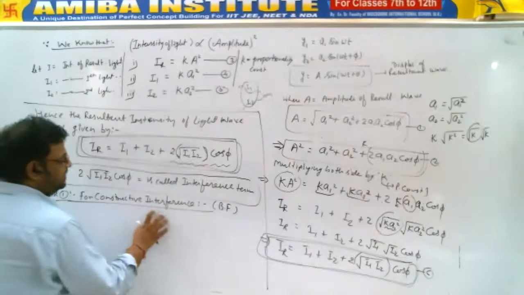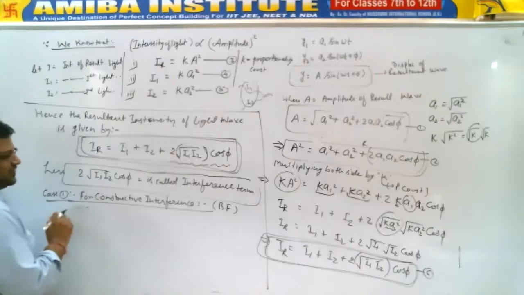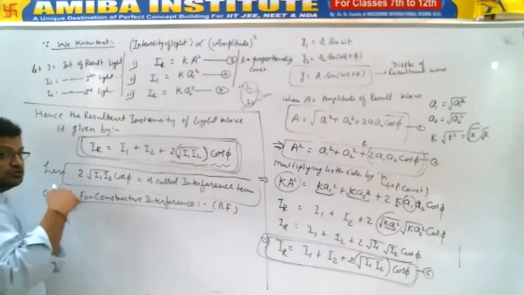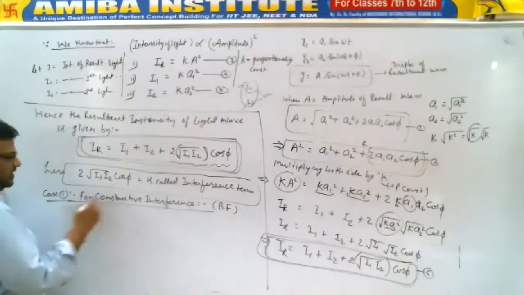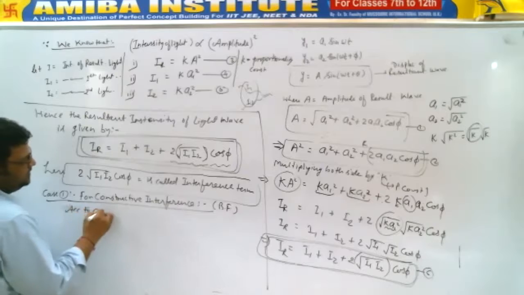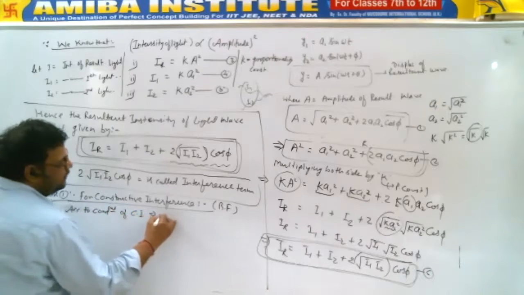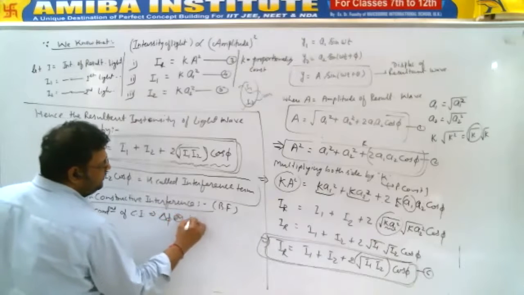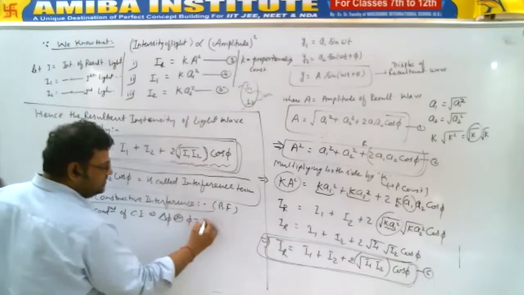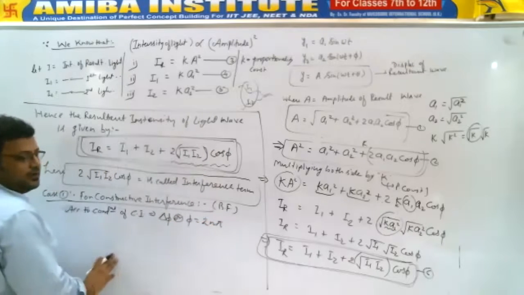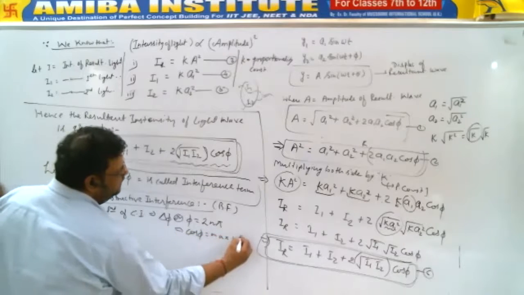So for constructive interference, that means the brightest fringe, the phase difference should be, now we can write directly, or we can use the conditions of constructive interference. According to the conditions of constructive interference, the phase angle delta phi between the two waves should be equal to 2n pi, or cos phi will be equal to the maximum, that is plus 1.